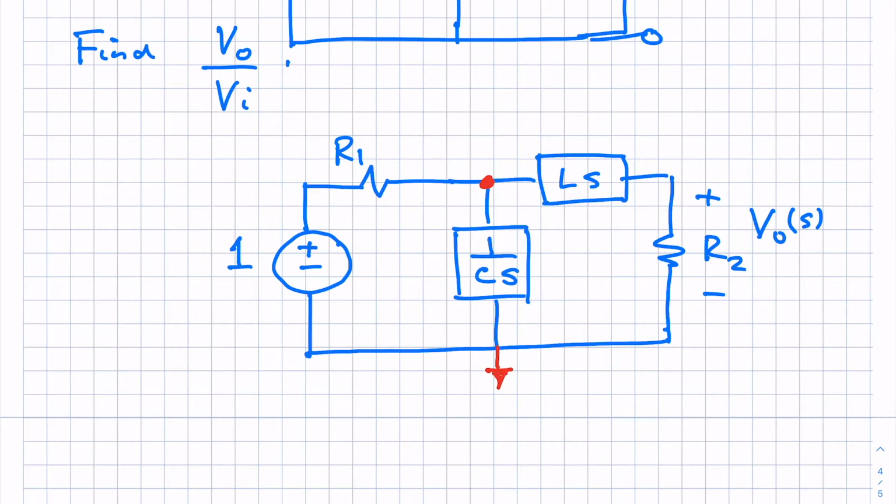Here's the reference point that I'm going to choose, and then we label this node VA. From there, we do calculations to get the currents coming out of this node, and that lets us write an equation at that node VA. There are no other nodes on the circuit, just the reference node and node VA.